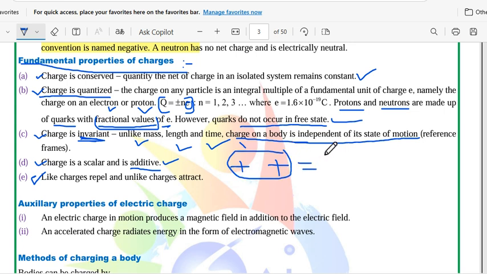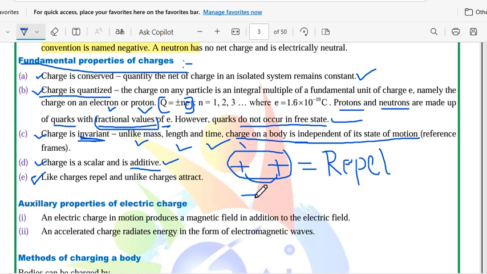Then they are going to repel, not attract. Why are those two charges going to repel? Because those two charges are like charges. Like charges means the same charges. If two like charges are kept side by side, they are going to repel, not attract.